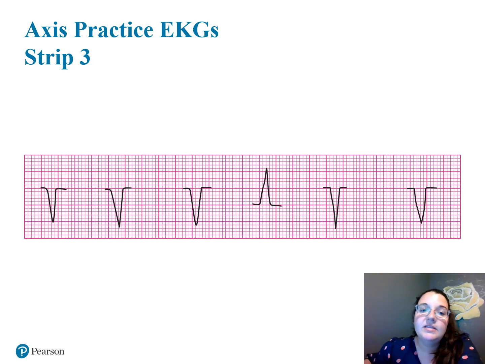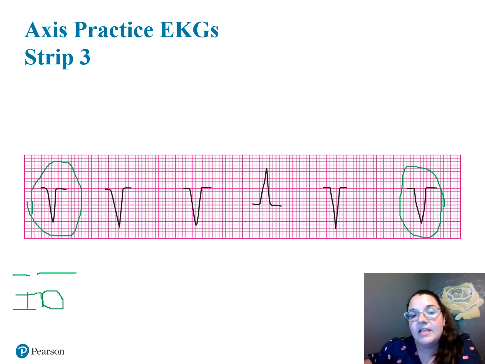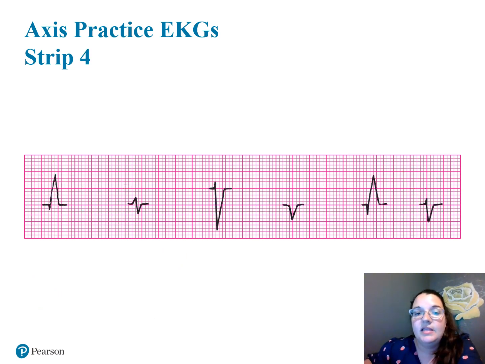Okay, lead 1, I am negative, AVF, negative, negative means I am indeterminate. Indeterminate, I am in between my negative 90 and my positive 180. Lead 1, I am positive. AVF, I am negative.